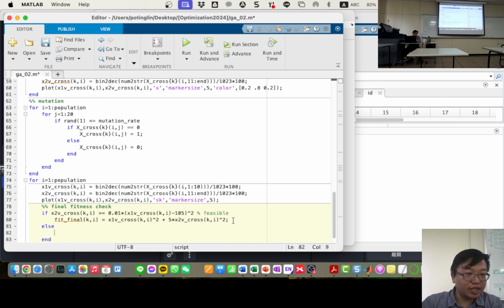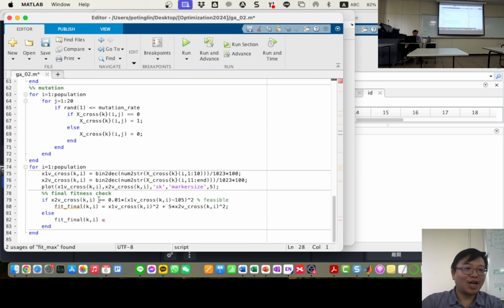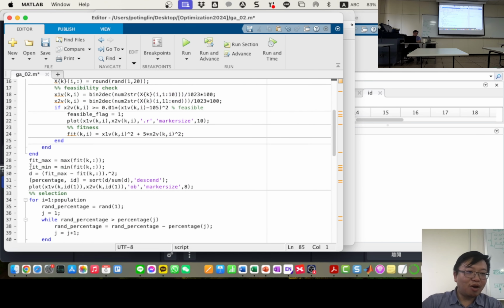Else, when it's not feasible, I'm gonna give away a pretty poor number. Maybe I can just directly choose the largest one, the fit max. I just give it a max fitness value to that particular chromosome because it's gonna be a really bad one. So once I complete those, the overall best one will have the smallest fitness value.